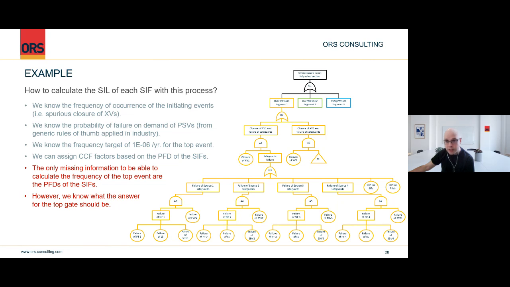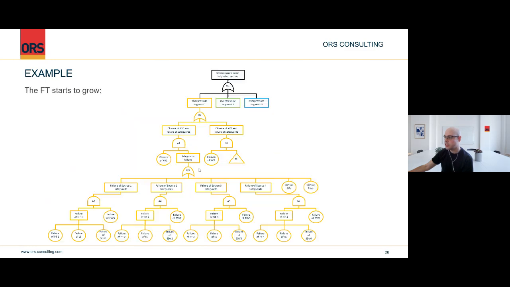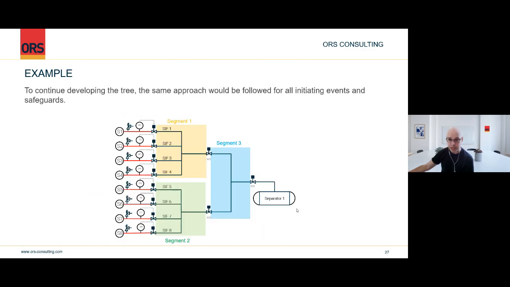Someone asked also why we didn't include the separator in this discussion. It's just because I've imagined, so I made this up, that the separator has PSVs and a high pressure trip, which would close this XV. So the separator has its own protection layer, right?